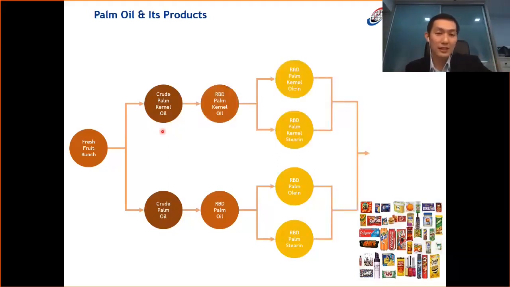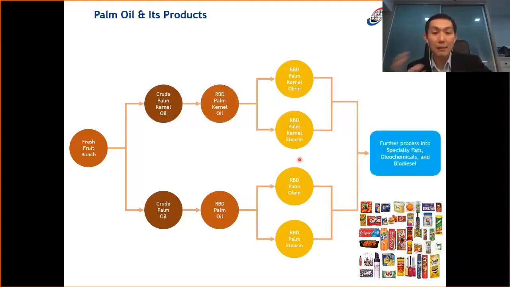And from all of these end products, the essence can be further extracted, which are the chemicals or specialty fats. All of these would be further processed into our food and beverages and some other daily life products that we use.